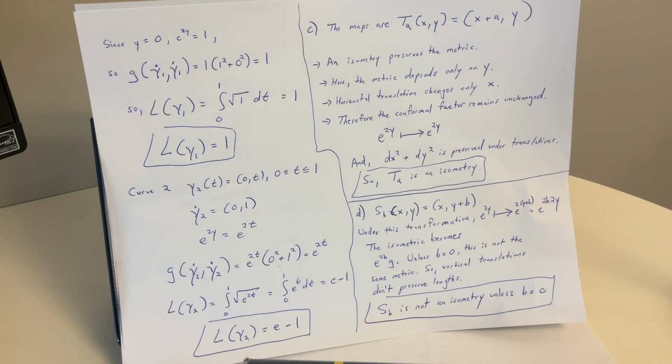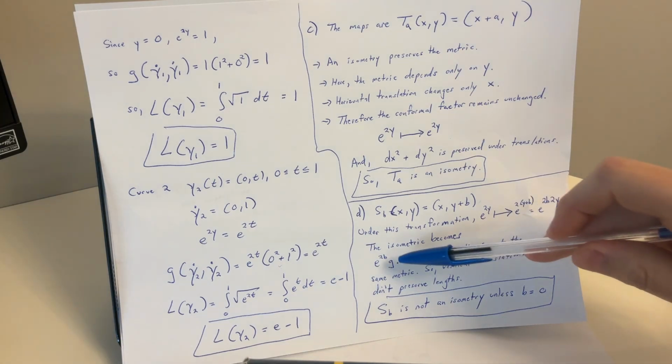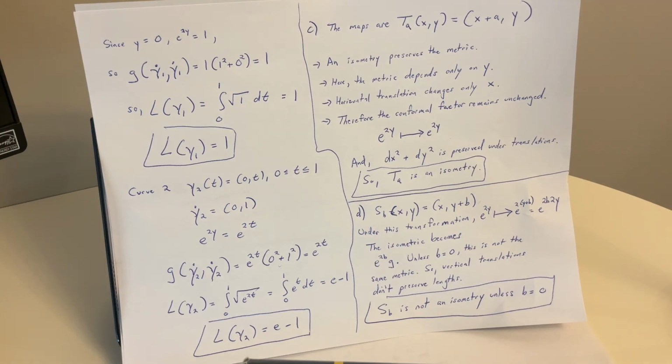So from here, this metric becomes e to the 2b times g. Unless b equals 0, this is not the same metric. So vertical translations don't preserve lengths. In this situation, S sub b is not an isometry unless b equals 0.